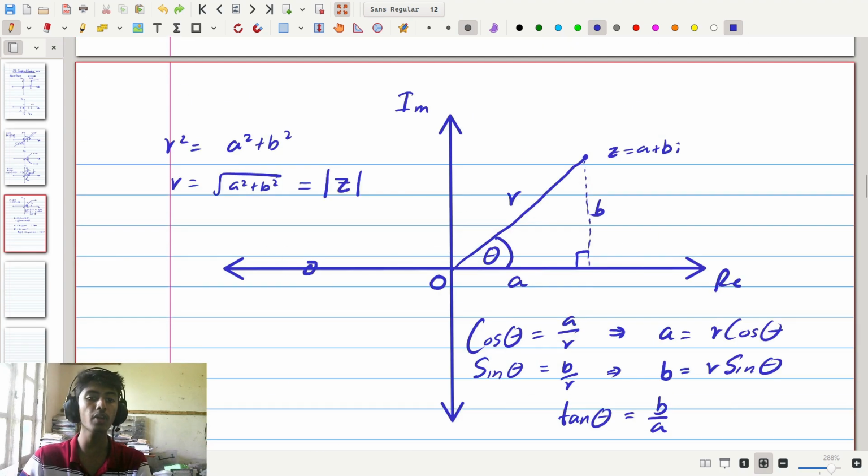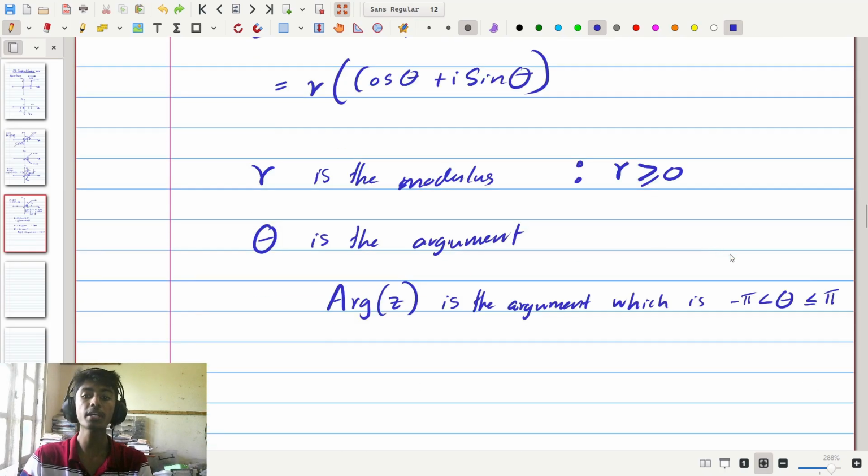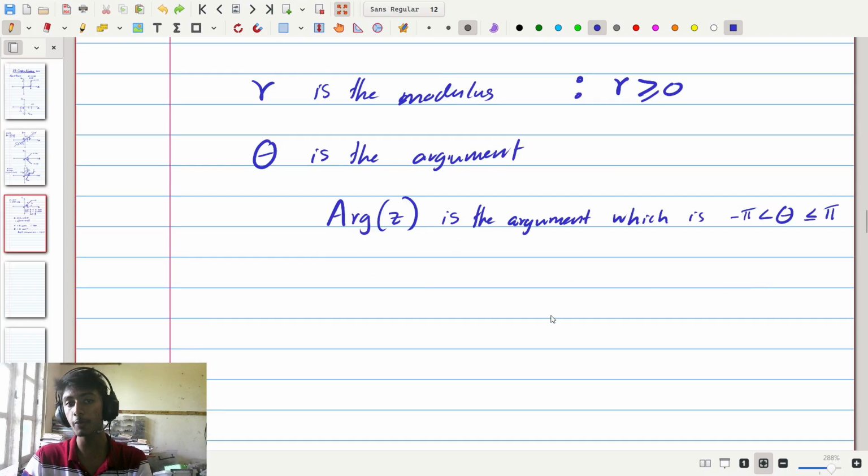Of course, a negative number is basically a number that has no imaginary part but negative real part, and for that we can see the angle from the positive real axis is in fact pi radians. So for that reason, we include positive pi, but we don't include negative pi. Therefore, the principal argument is the argument of Z written with a capital A, which is the angle out of all the possible infinite angles that is in between negative pi and pi inclusive.